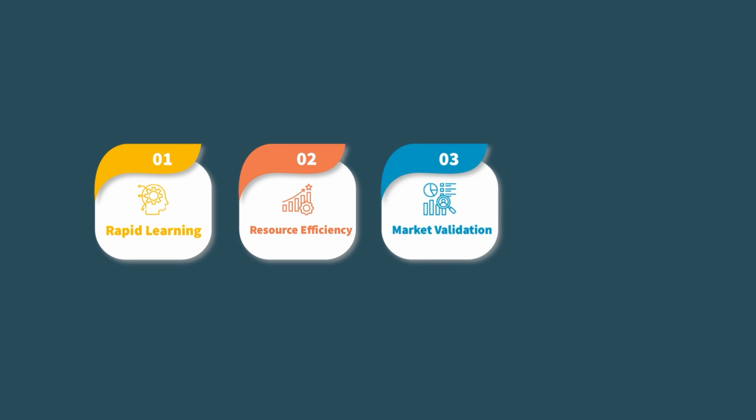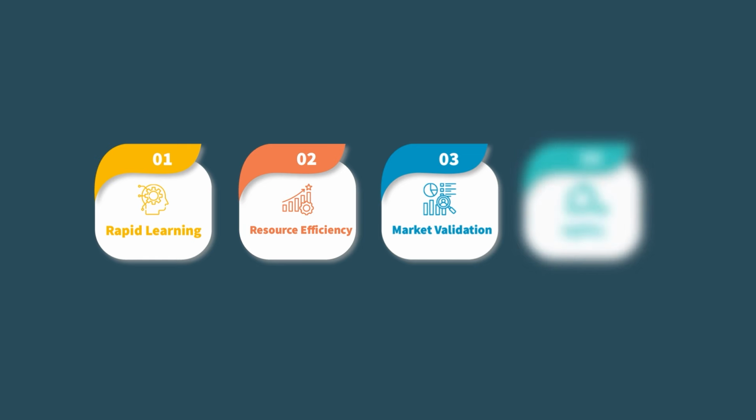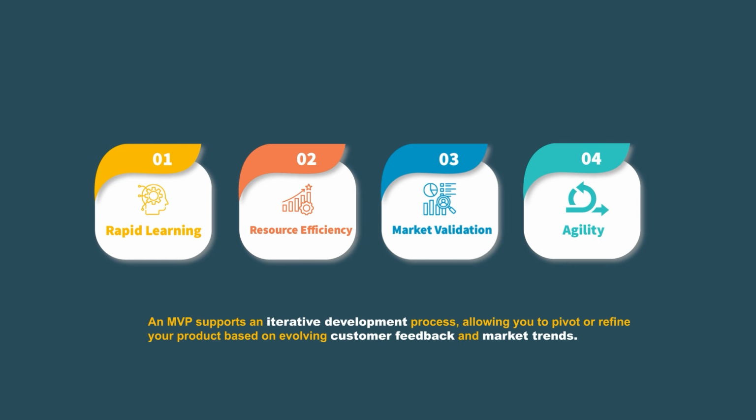Market validation. Early user feedback confirms whether your product meets a genuine need, ensuring that future investments are grounded in reality. Agility. An MVP supports an iterative development process, allowing you to pivot or refine your product based on evolving customer feedback and market trends.